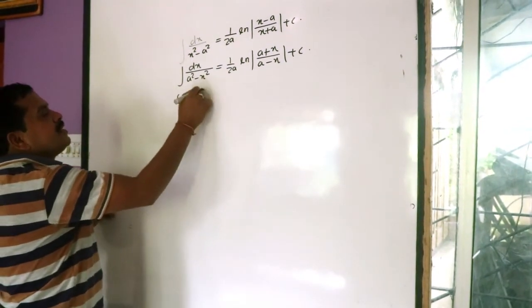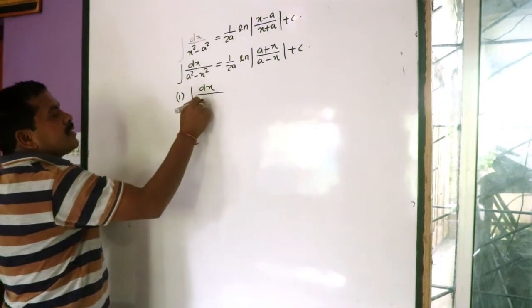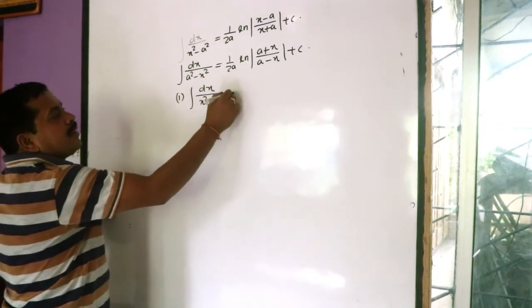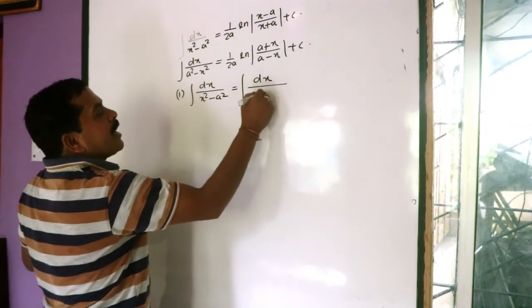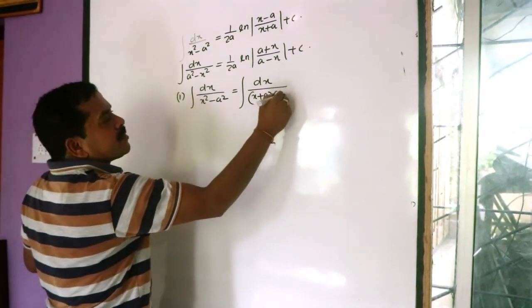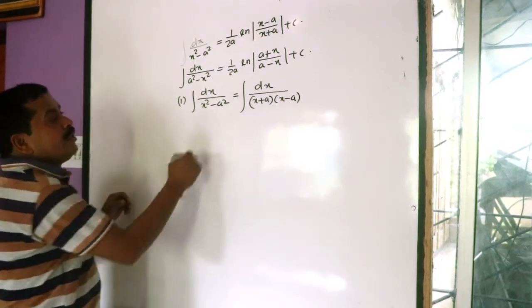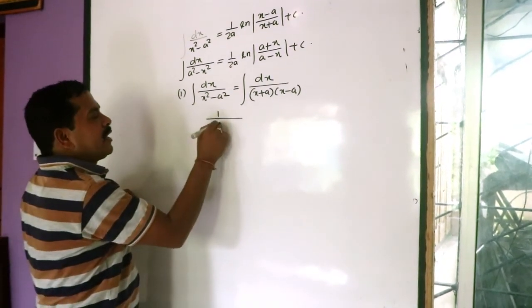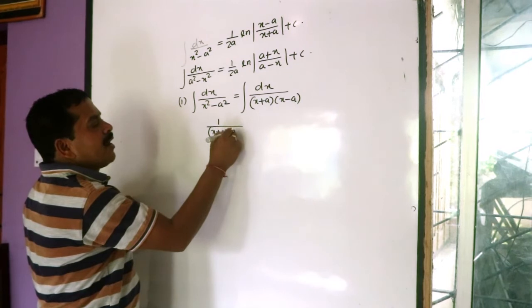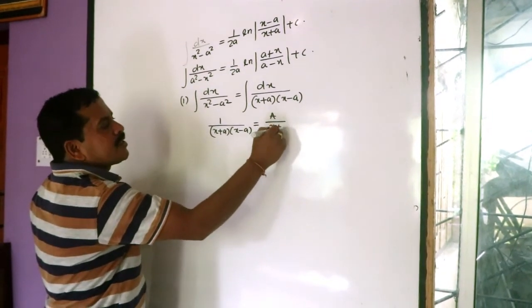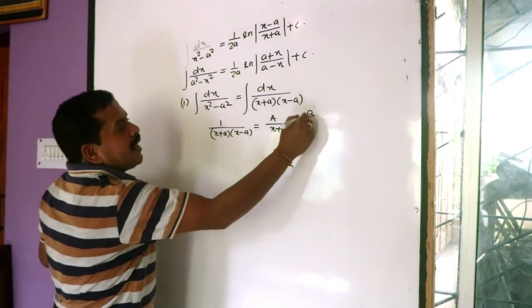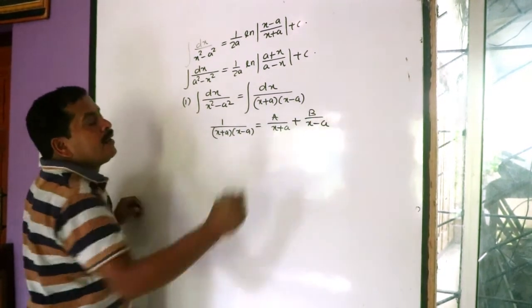Suppose the first formula is dx by x square minus a square. Then you factorize the denominator, which is equal to x plus a into x minus a. You take 1 by (x plus a)(x minus a) as A by x plus a plus B by x minus a.